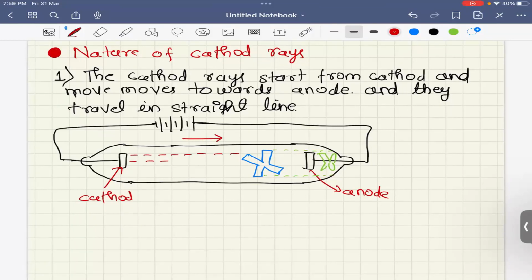We could obtain shadows up to this point, but where the rays passed, because the fluorescent material was present here, we could see a glow.